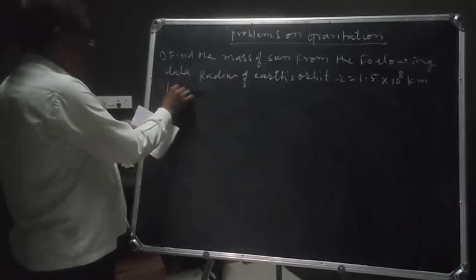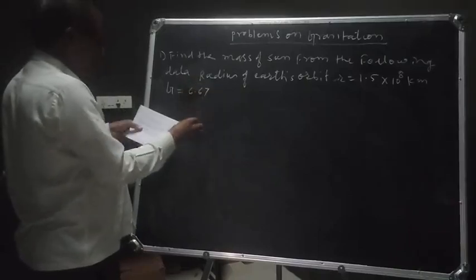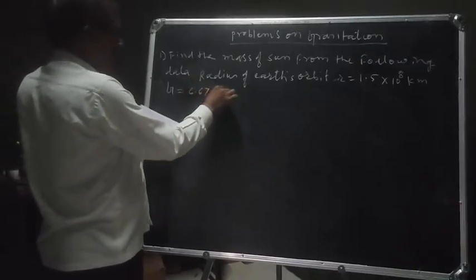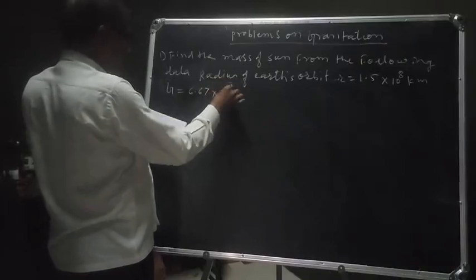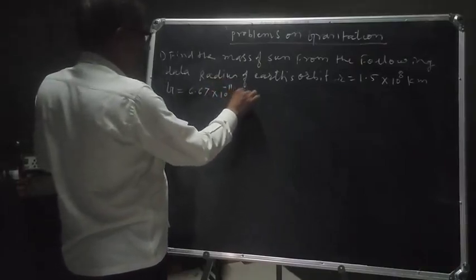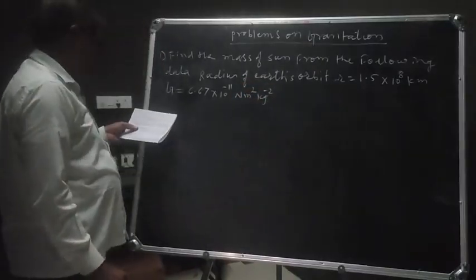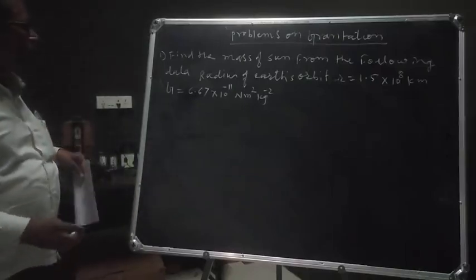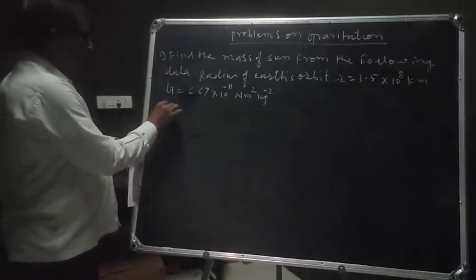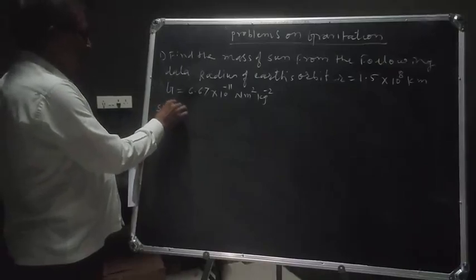That value is 6.67 into 10 raised to minus 11 Newton meter square per kilogram square. From this data, we have to find the mass of the sun.